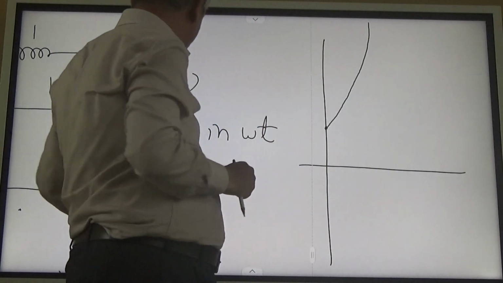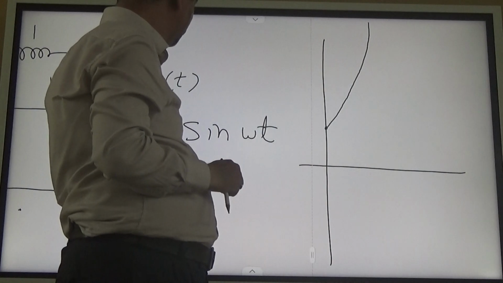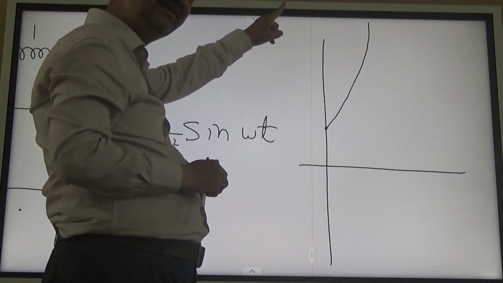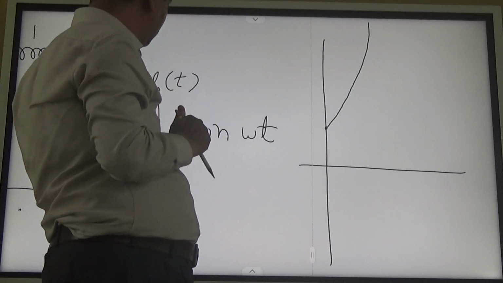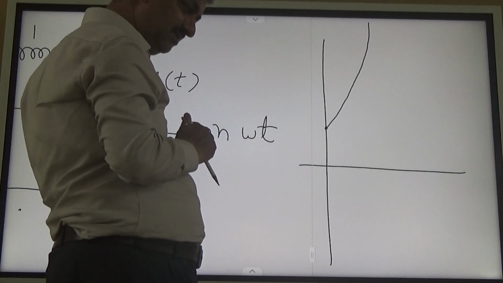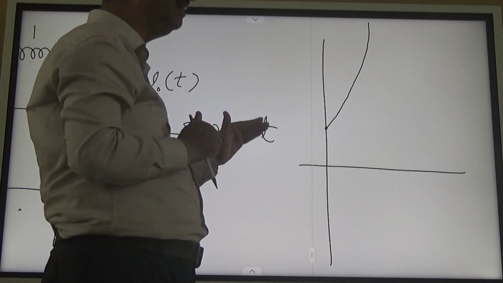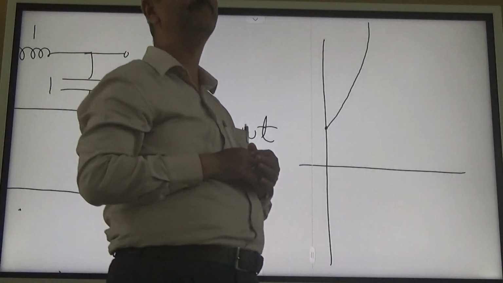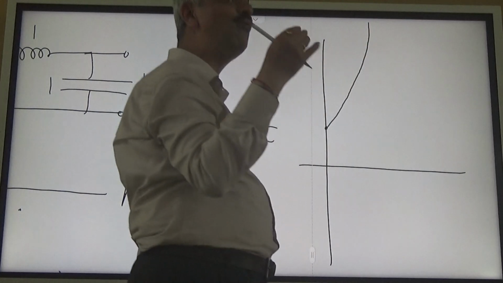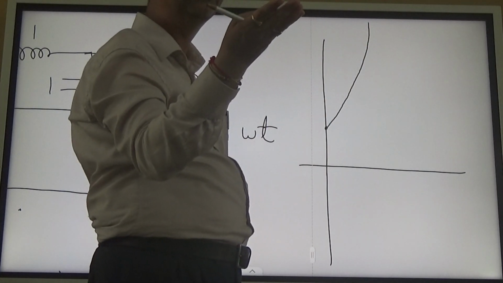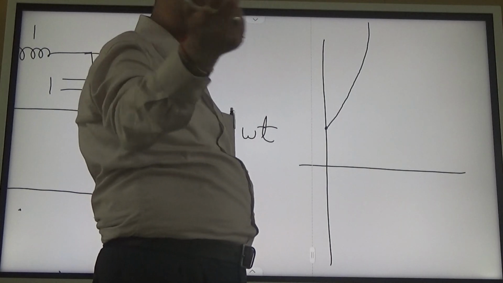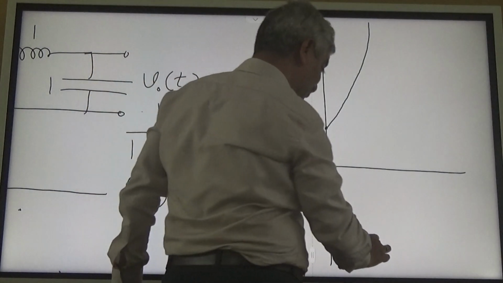At omega equal to 1, the denominator becomes 0. So gain becomes infinite, right? Somewhat less than 1 it is very large positive, and somewhat more than 1 it is very large but negative. It is a discontinuous function.